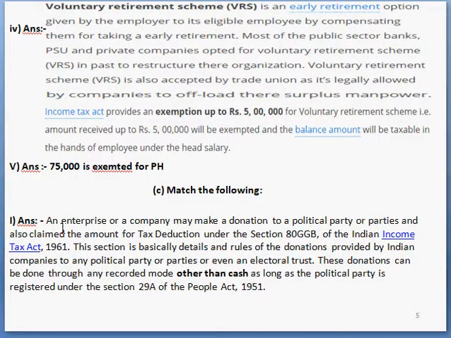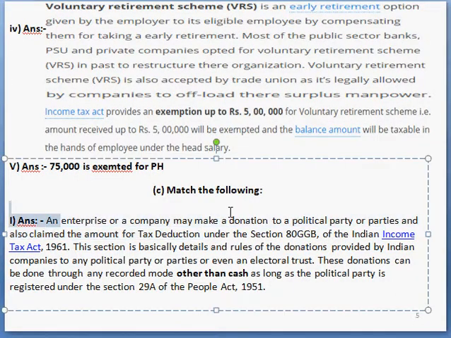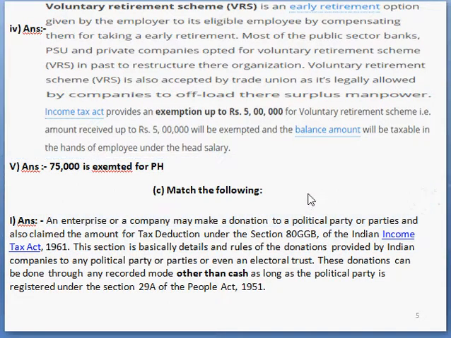As per the rule, an enterprise or company can make a donation to political parties. It's a government rule that a company can give a donation to political parties and claim a tax deduction under section 80GGB for Indian income. But the condition is that the donation by an Indian company to any political party, even an electoral trust, must be made through a recorded mode other than cash.